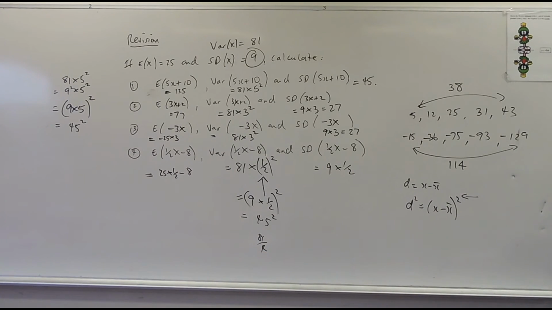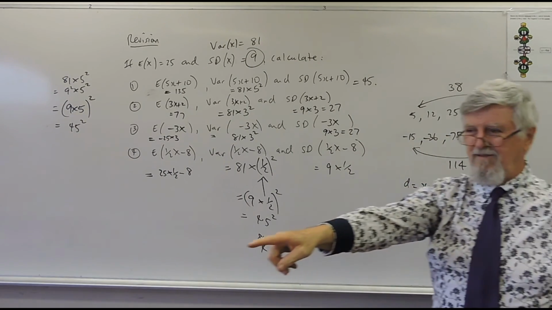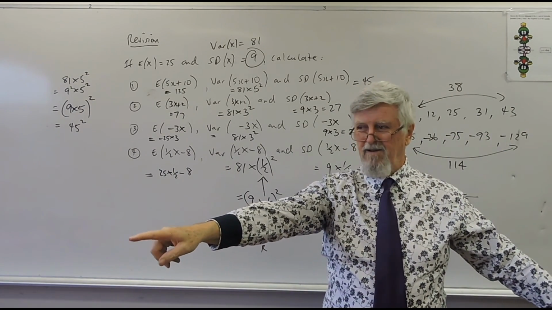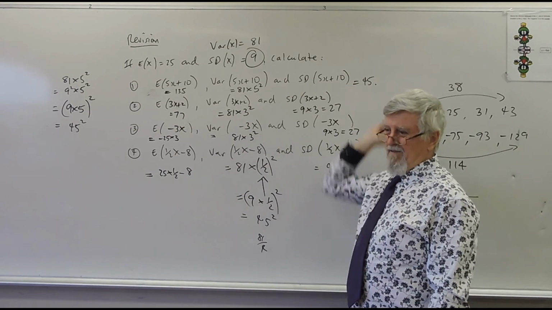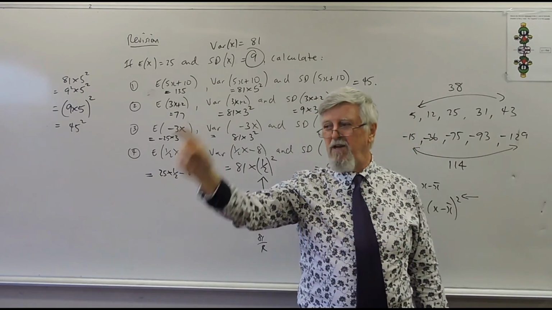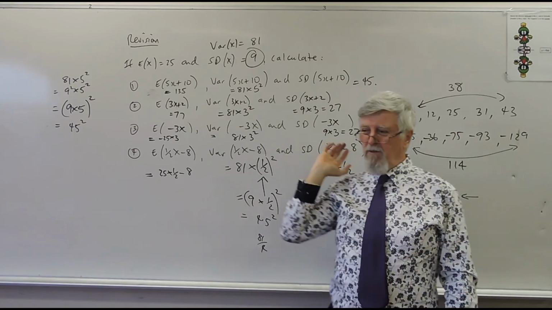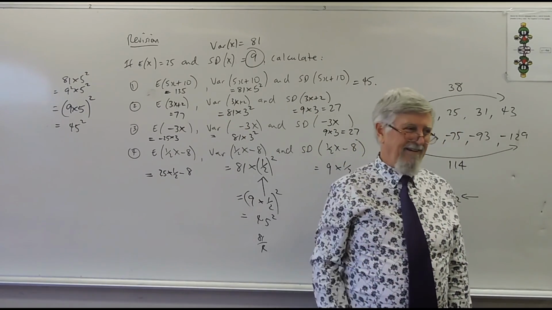If you multiply by 10, what happens to the standard deviation? The standard deviation gets multiplied by 10. If you multiply by 20, standard deviation gets multiplied by 20.